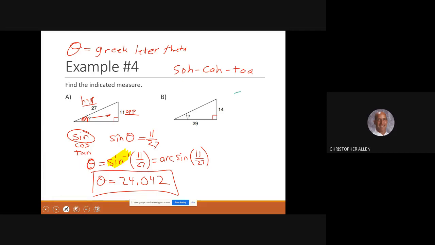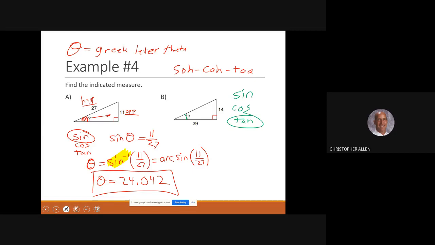All right, so to do B, are we going to use sine, cosine, or tangent? Here's the angle. Which of the three do you think we're going to use there? Tangent, absolutely.